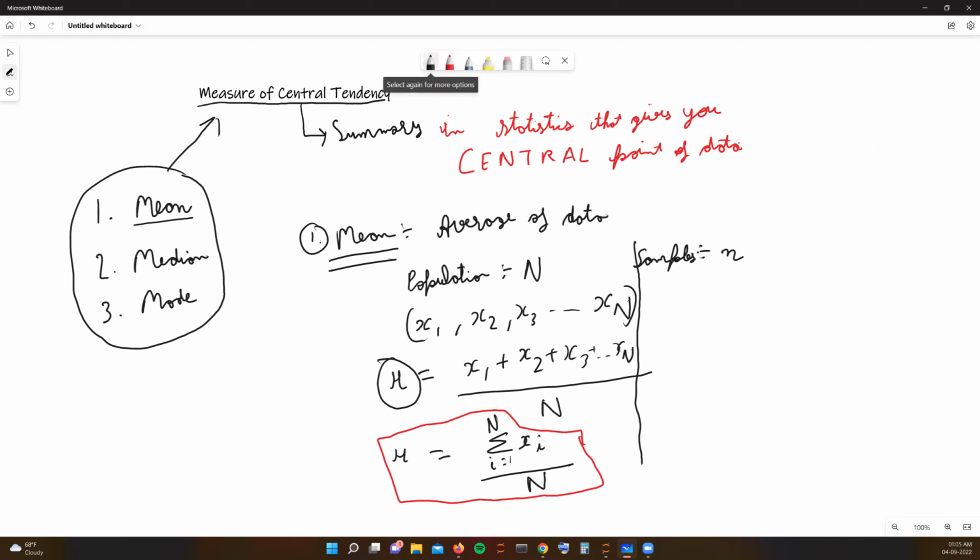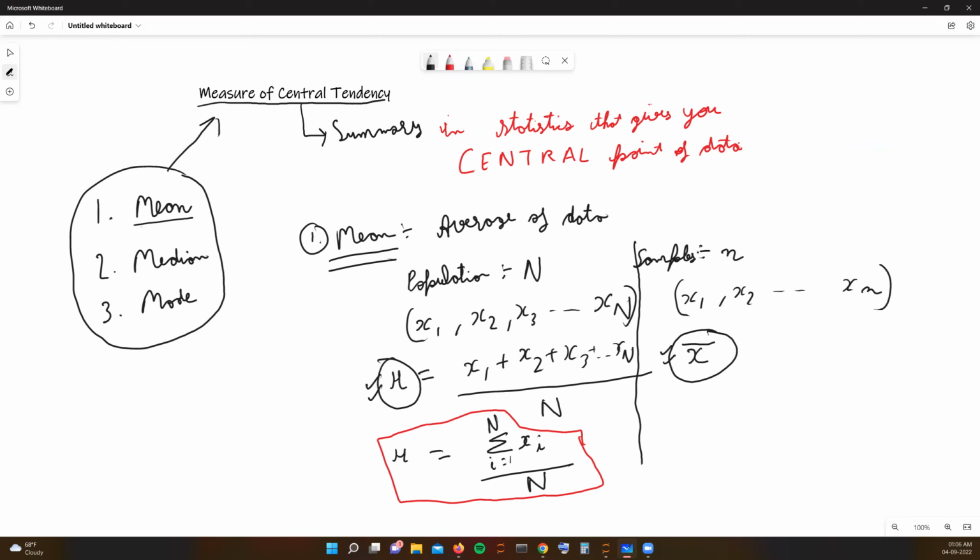Now coming to our samples part. Again in samples there will be data points x1, x2 till xn, and the sample mean is denoted by x bar. So remember these particular notations because we are going to use them moving forward.